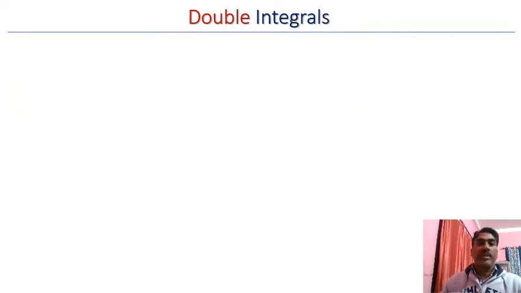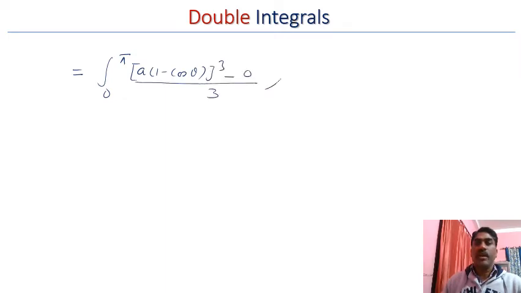So we will get this equal to 0 to pi, upper limit a into 1 minus cos theta whole cube minus lower limit 0, and that by 3, and then sin theta d theta.